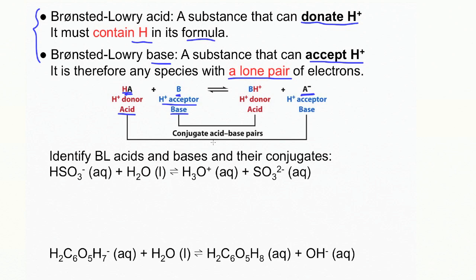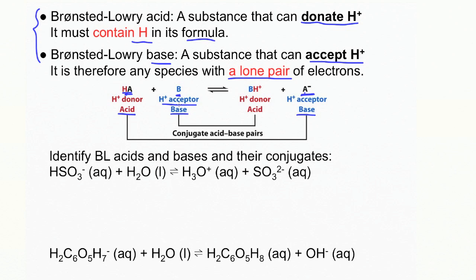Now what does conjugate acid and base mean? HA is an acid. After it loses one proton to become A minus, it has potential to accept one proton, so it becomes a base. And so we assign the HA and A minus as a pair.